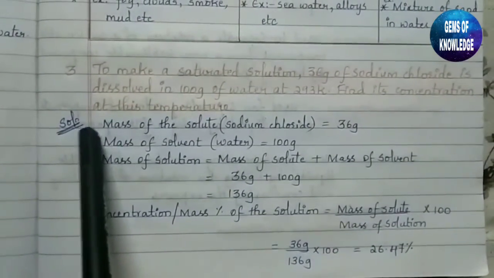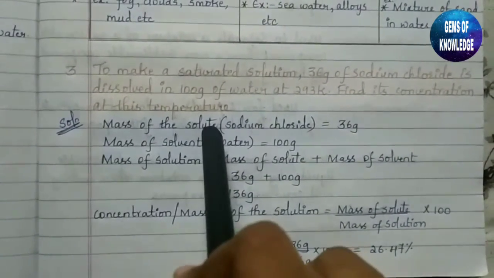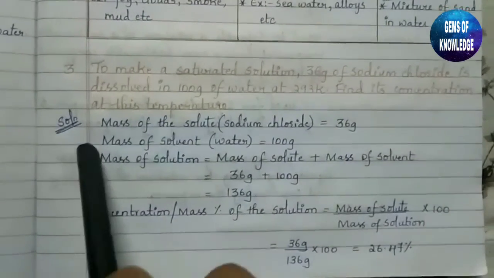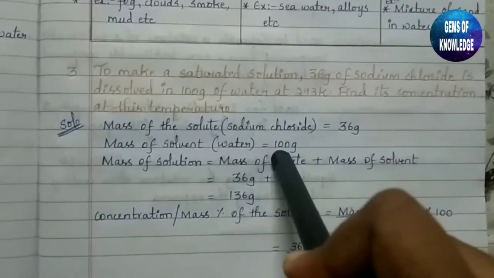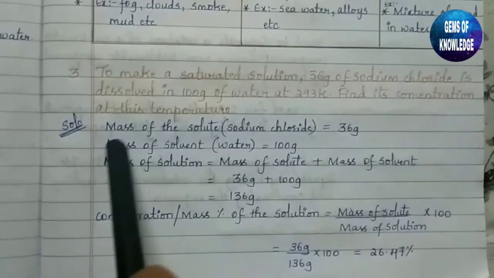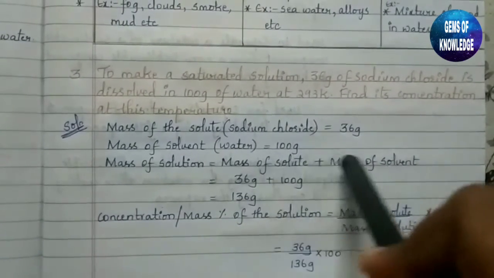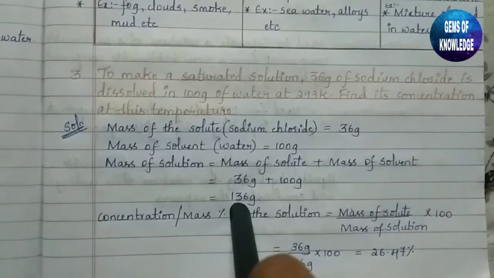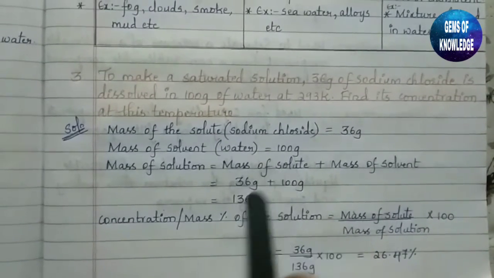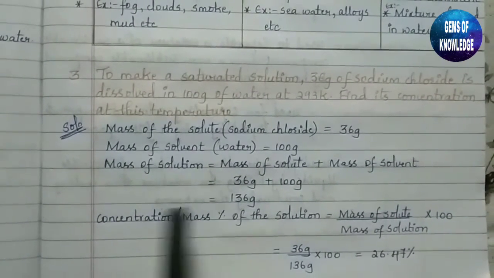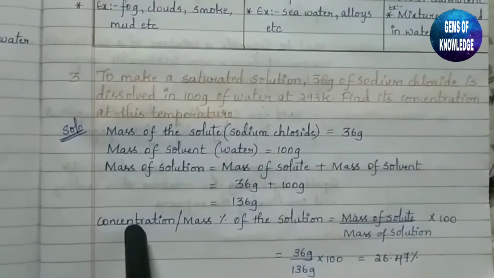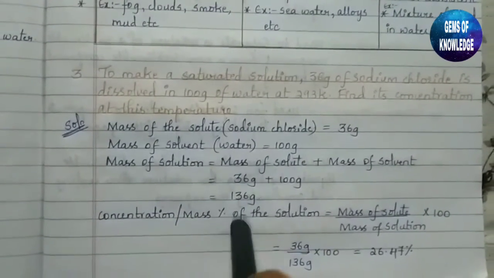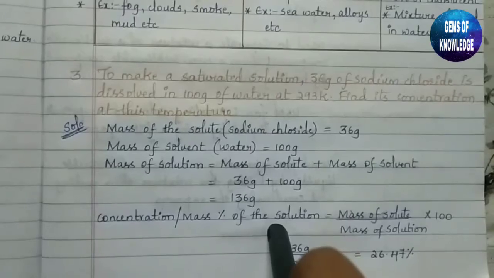Okay, so directly we can write what is given. Mass of the solute is given, that is 36 gram, and mass of the solvent is given, which is 100 gram. If we need the mass of the solution, we need to add both the things. If we add both, we get 136 grams. Then we need to find the concentration, or we can say the mass percentage of the solution.